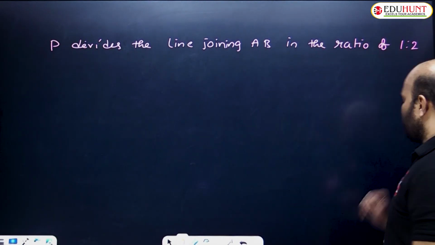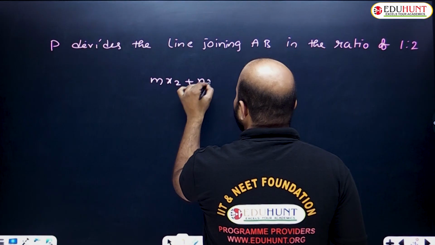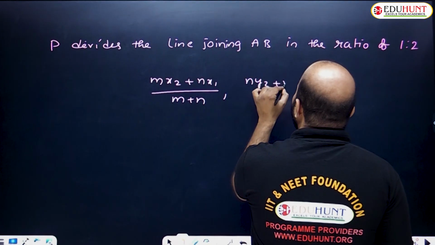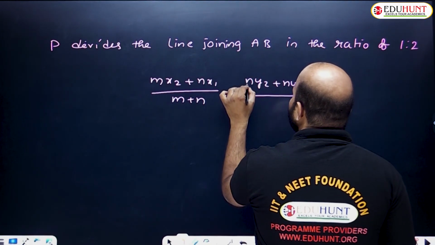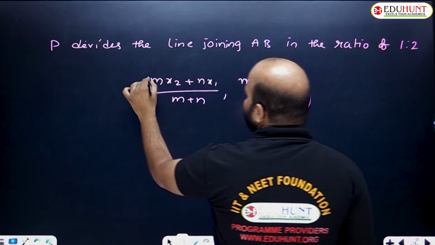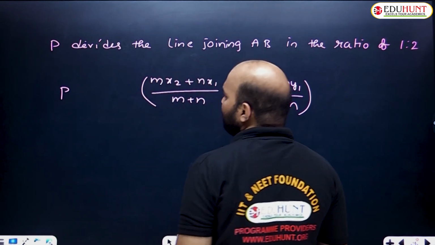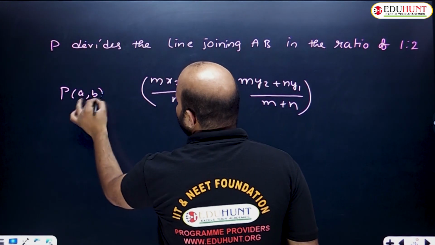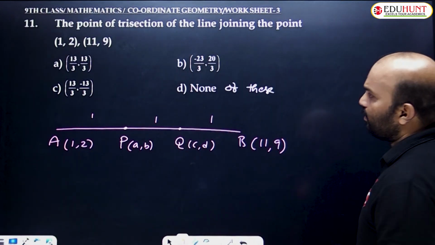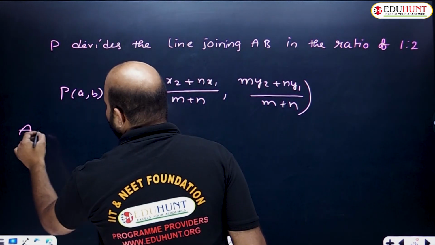So by using the section formula: what is the section formula? (m x2 plus n x1) by (m plus n) comma (m y2 plus n y1) by (m plus n). This is the section formula. Here we take the internal section formula, so it divides internally. So here the line joining points A and B is given as 1, 2 and 11, 9. So let me take the coordinates: A coordinates 1, 2.